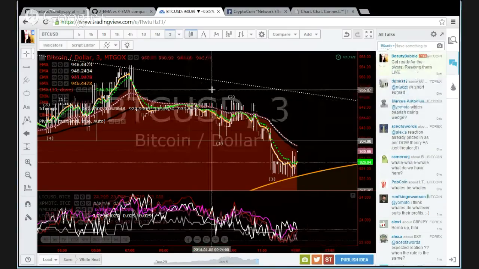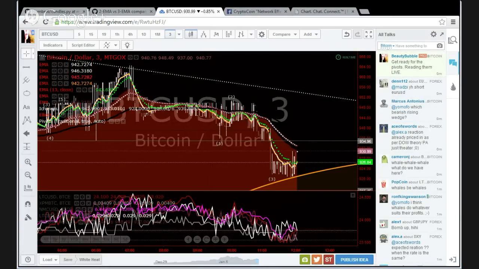Okay, so what we want to do is that the pivots that you're going to get, guys, I'll start reading them live, first of all. And we hope that we can get all of the pivots for all of the pairs that you're interested in. But right now, your pivot on the Bitcoin USD Mt. Gox pair is 922.